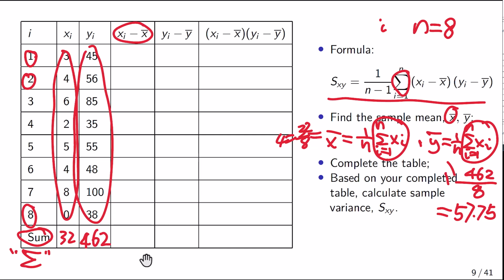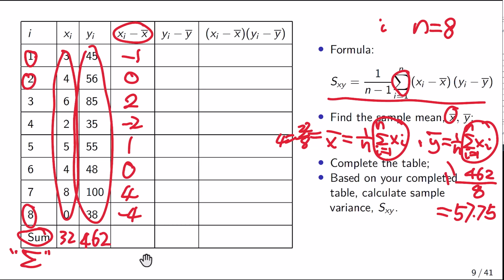The first one, x1, is 3, so 3 minus 4 is -1. And 4 minus 4 is 0. 6 minus 4 is 2. And 2 minus 4 is -2. 5 minus 4 is 1. And then 0, 4, and -4. We just subtract this 4 from each of those 8 xi's.